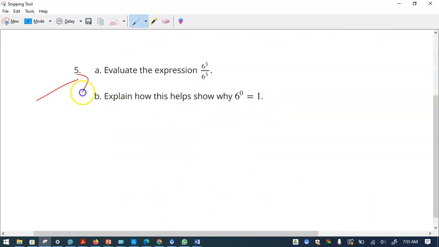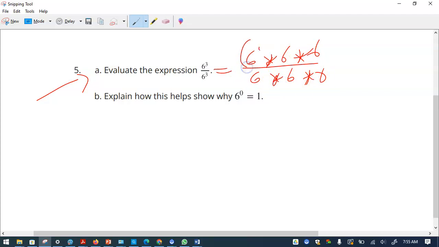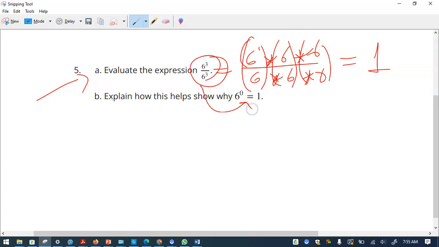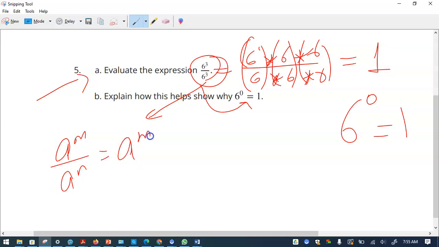Question number 5 says this one is 6, 6, 6, right? So you can clearly see the answer has to be 1. So this is 1, this is 1, this is 1. The whole thing is, how does this expression help you like this? Why can 6 raised to 0 be done? Remember, we can use a raised to m over a raised to n as a raised to m minus n.